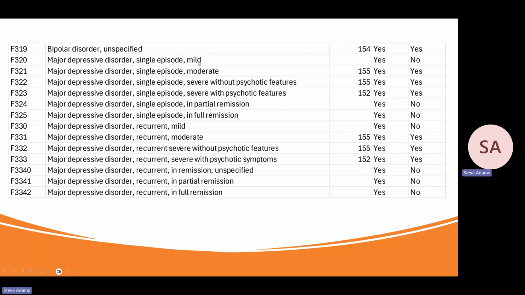So long story short, anything that was major depressive disorder, single episode, mild, has been eliminated from version 28, which is sad because we spent a lot of time in version 24 asking providers to quantify the type of depression. So anything now that reads mild, or in partial remission or in full remission, or here's another mild, F33.0, we would encourage you to use the appropriate ICD-10 code.